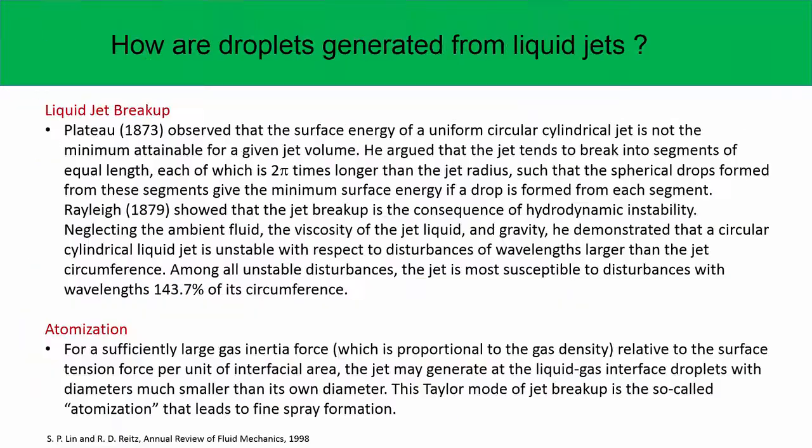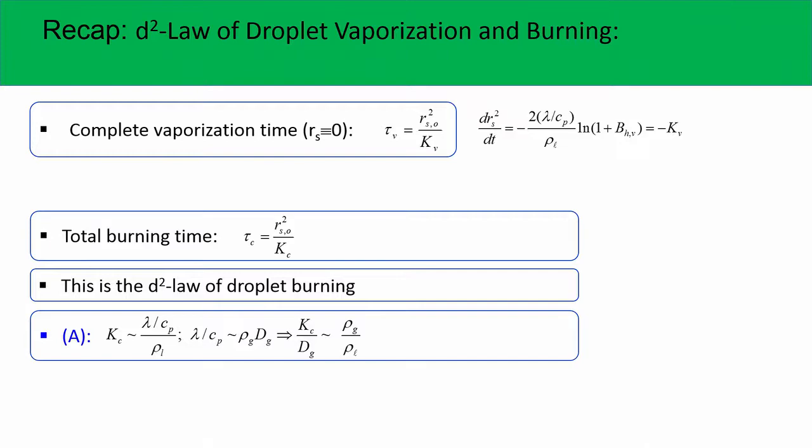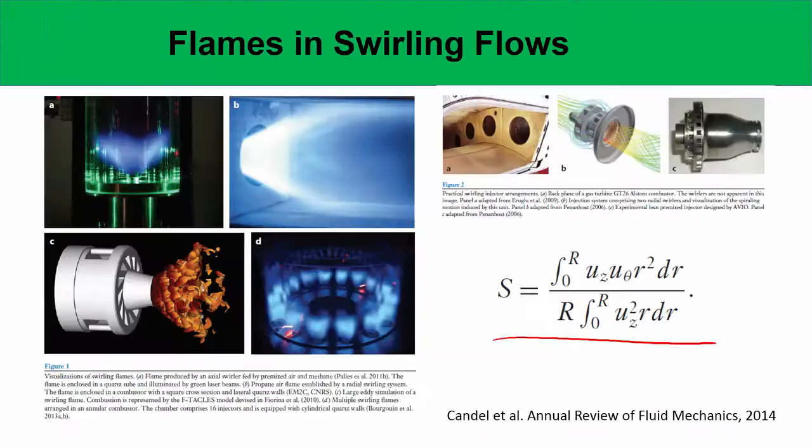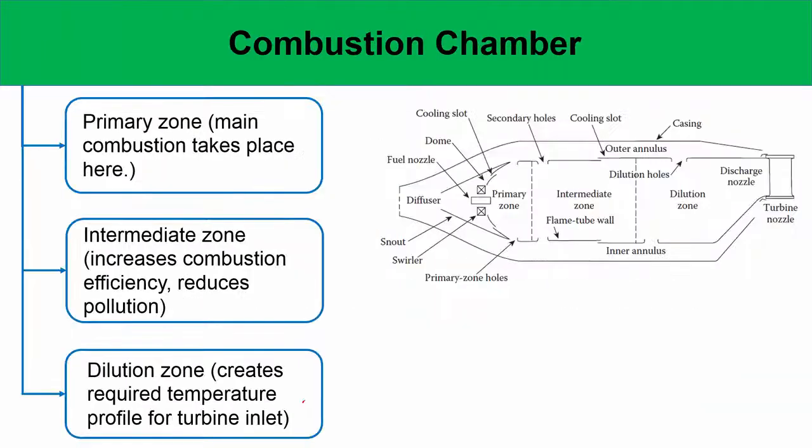Now we go into the details of the primary zone. We need to go into some details about the primary zone, and see what happens inside it. If you remember, one of the most important reasons why combustion is used in gas turbine engines is the immensely high energy density of the liquid fuels.